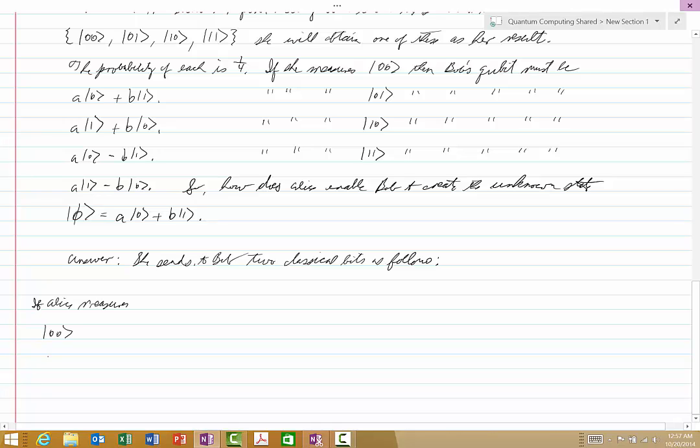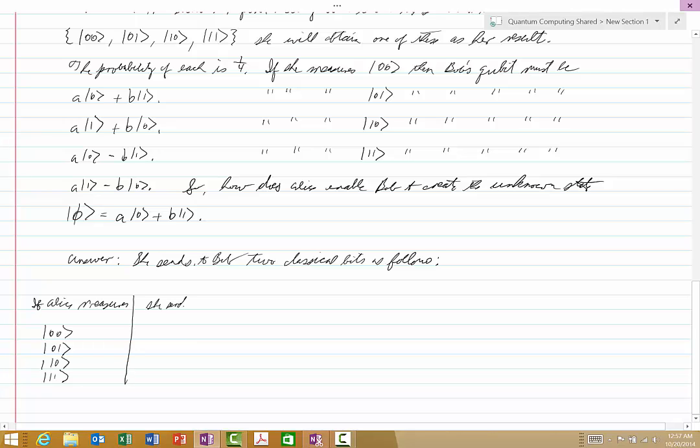Of course, there are 4 different things that Alice could measure: 0,0, 0,1, 1,0, and 1,1.